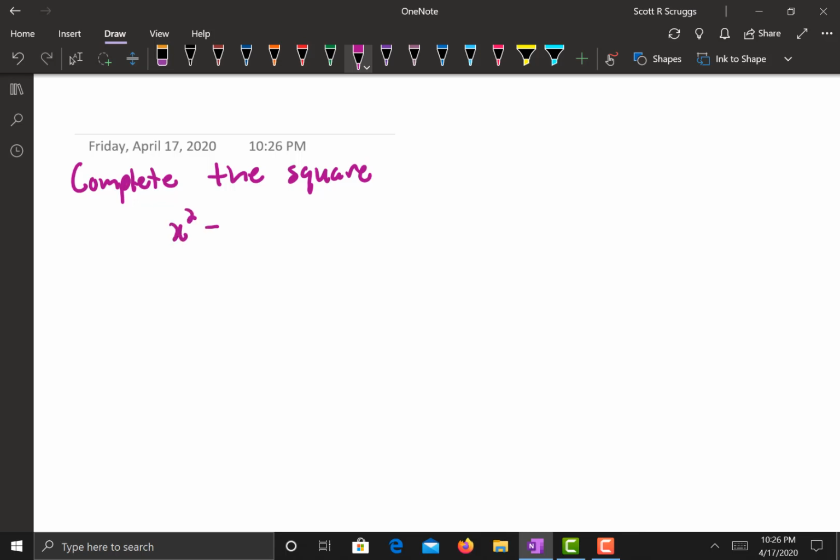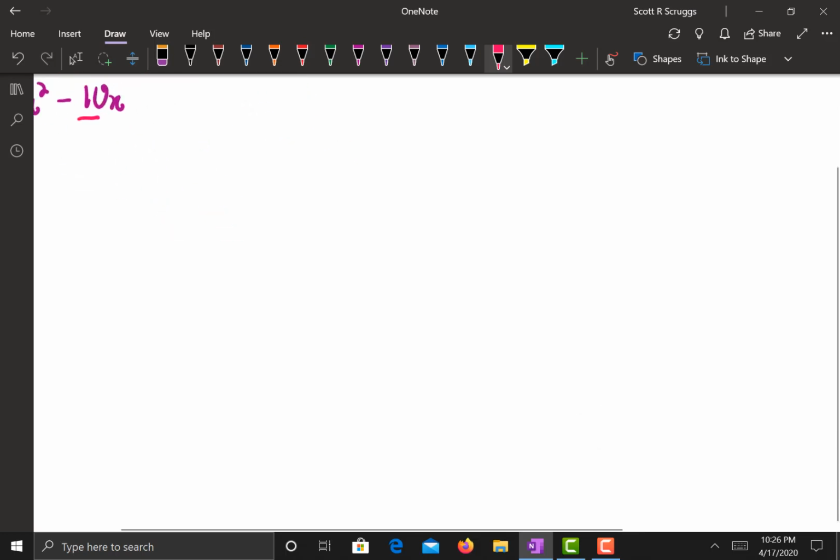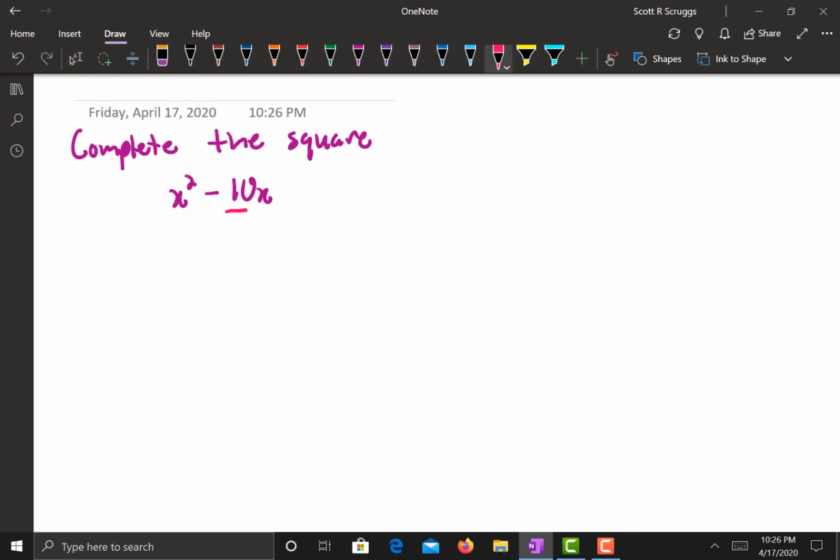So x squared minus 10x. In this case, my coefficient with x is 10. So now I have to do 1/2 times 10 to give me 5. And so for completing the square, I need to square this value, which will be 25.